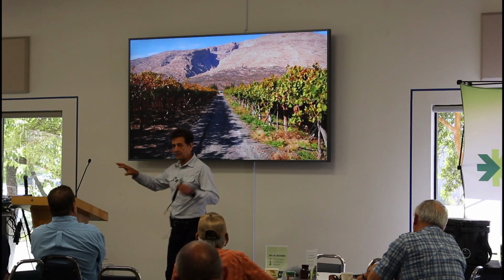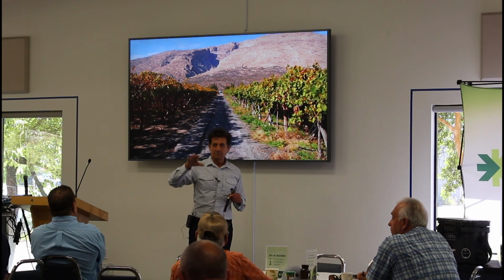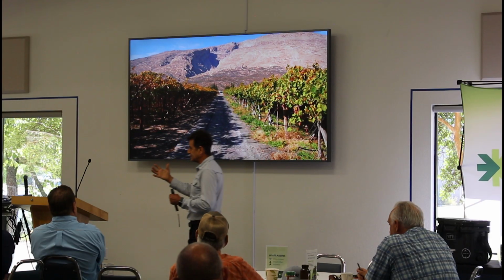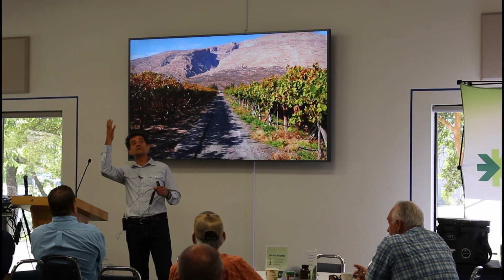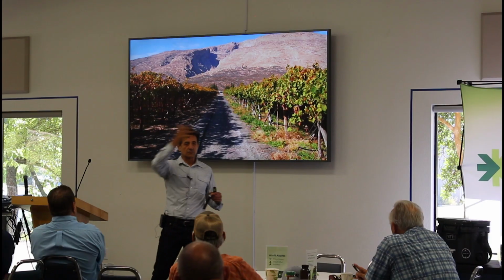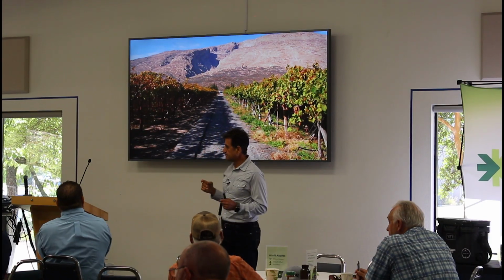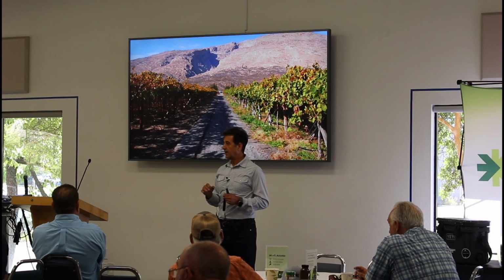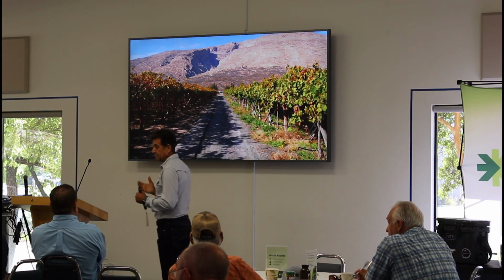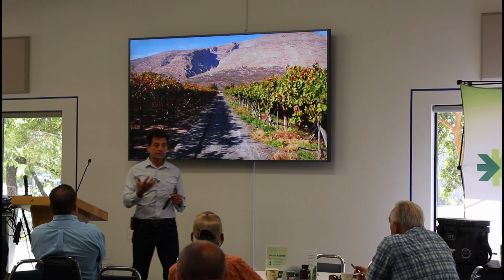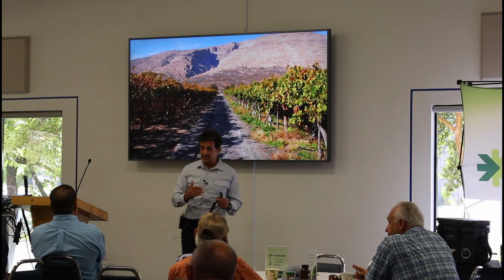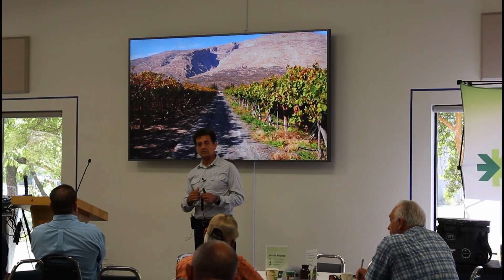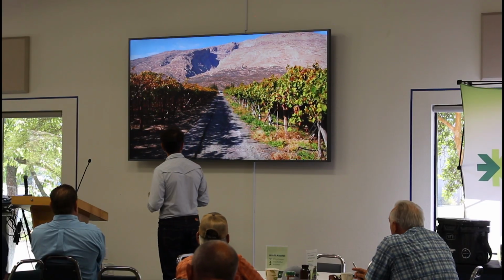If you compare pycnidia and perithecia, pycnidia release spores passively. Perithecia actively shoot the spores into the air, so they can move very fast. Isn't it a very smart way to survive in this world? They have adapted and managed how to reproduce and how to get the higher chance to survive. So that's very, very important.